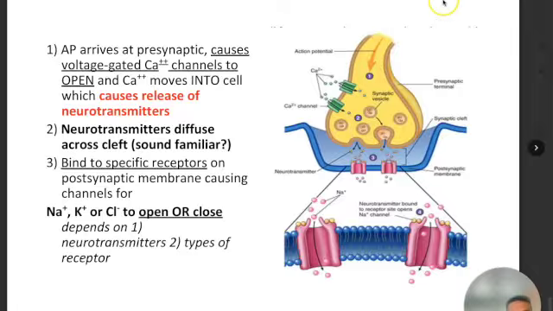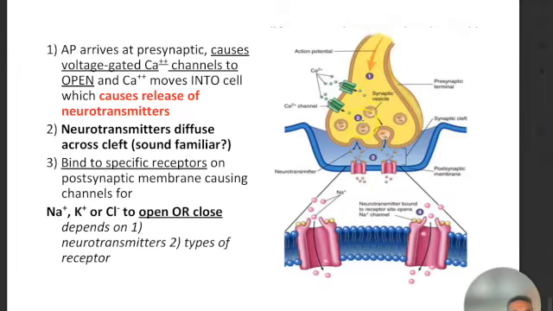And we saw the action potential comes in. It arrives at the presynaptic terminal. This is the presynaptic, here's the synaptic cleft, and then this is the post. So here's the pre.